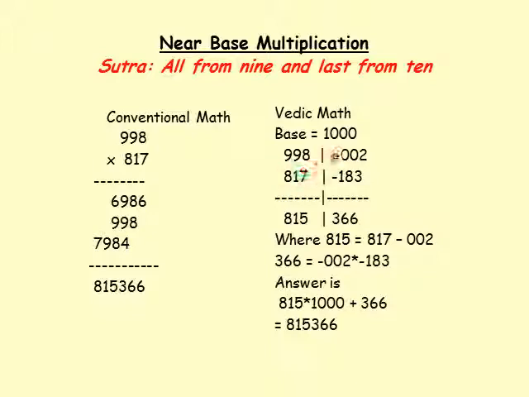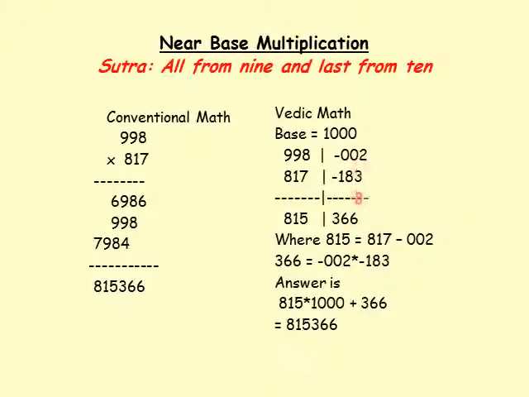So it's 817 minus 002, which gives the number on the left, 815. 815 is part of the answer. You can also obtain 815 by using the first operand, 998. So we cross apply the deviation here, 998 minus 183. See this minus here, it got applied here. That's also 815.